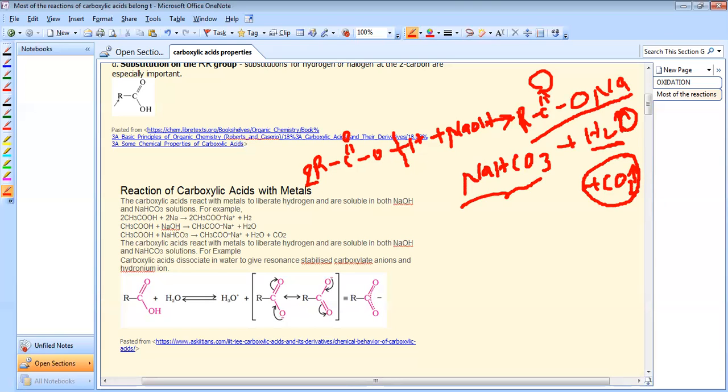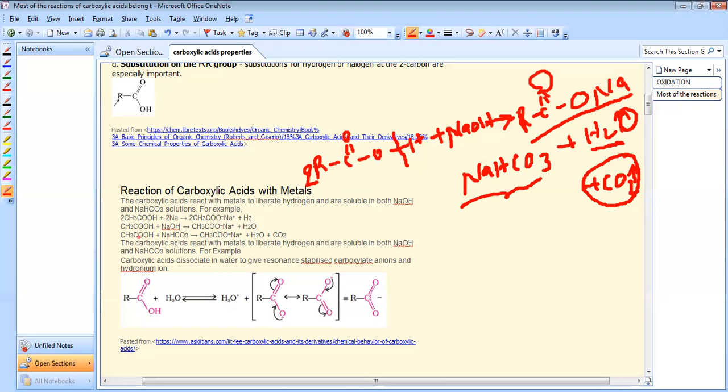So this reaction is one of the identification reactions of carboxylic acid. Okay, in practicals, in the identification of functional groups of organic compounds, or in organic qualitative analysis, we use this reaction to identify the carboxylic functional group. Which reaction?